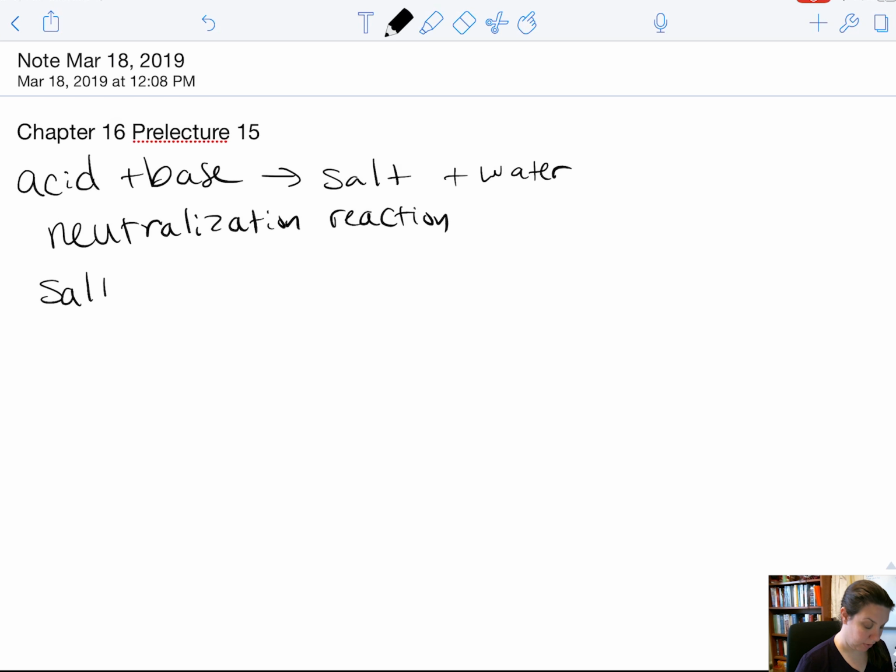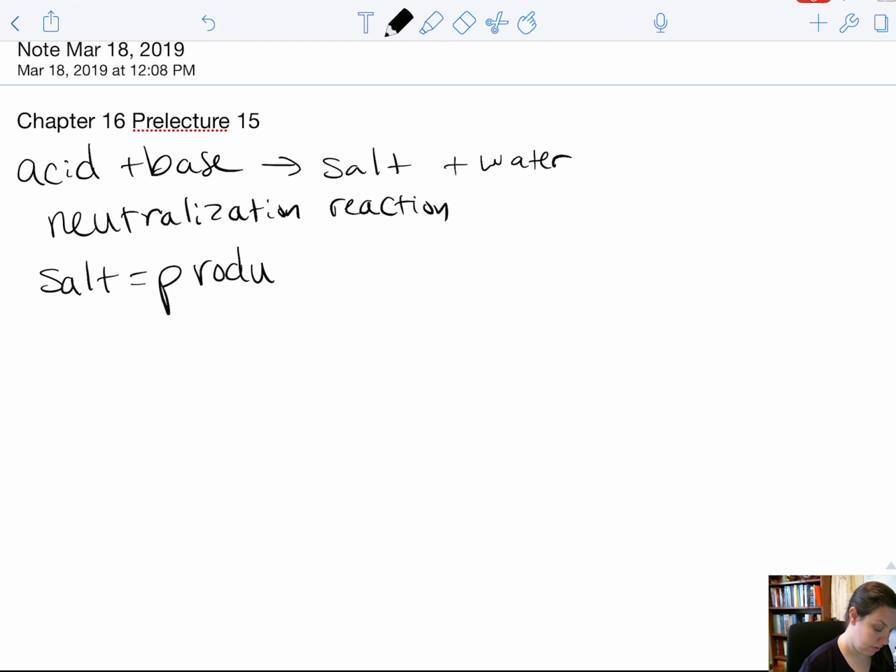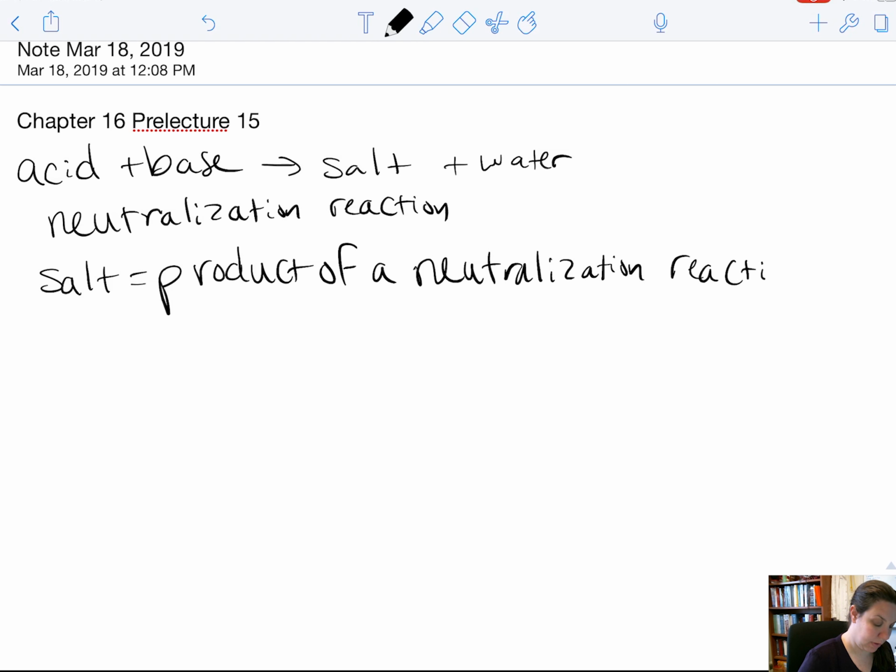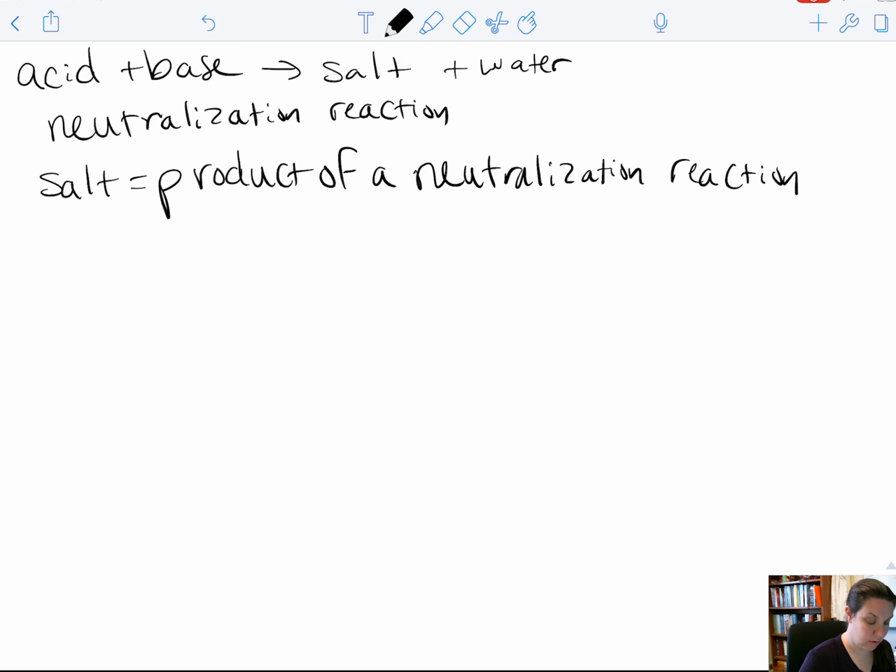And we say that a salt is a product of a neutralization reaction. We can classify neutralization reactions as strong-strong or strong-weak.